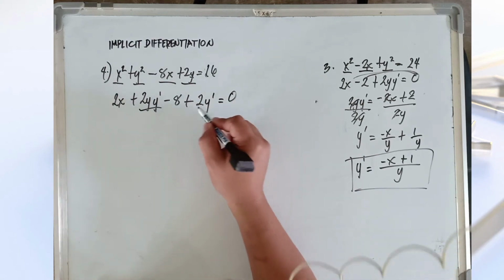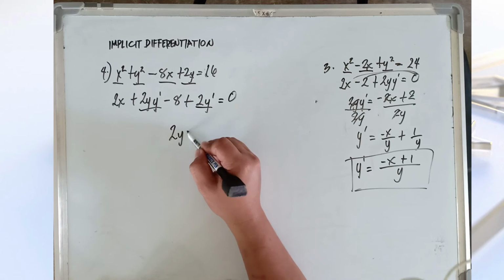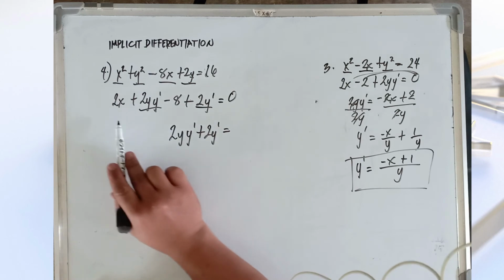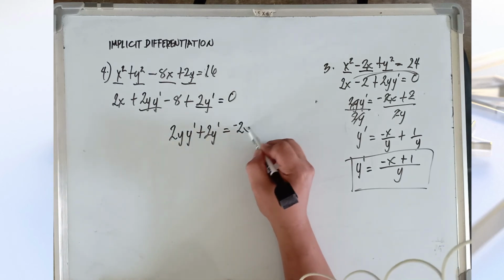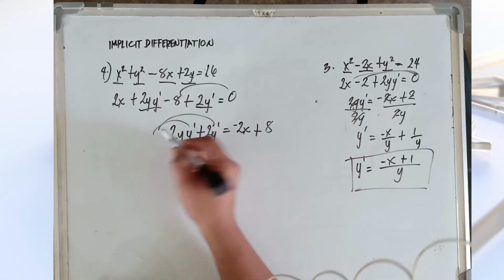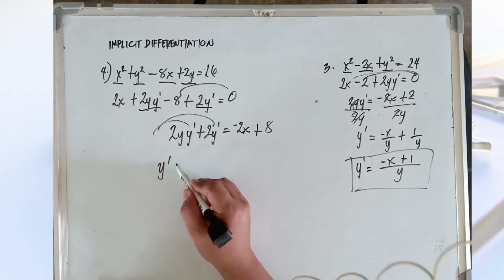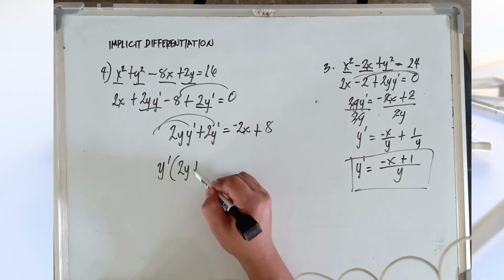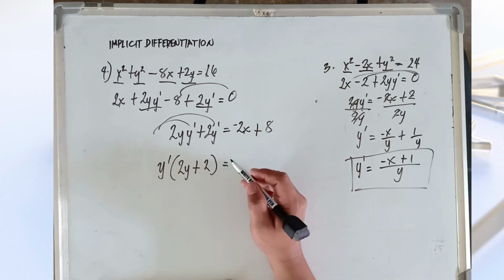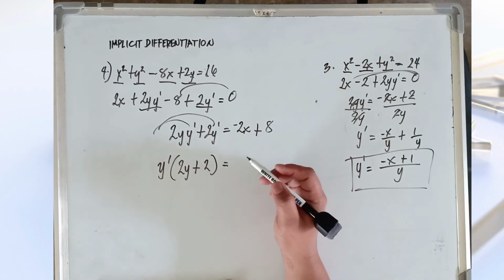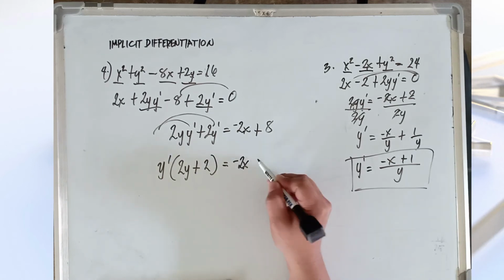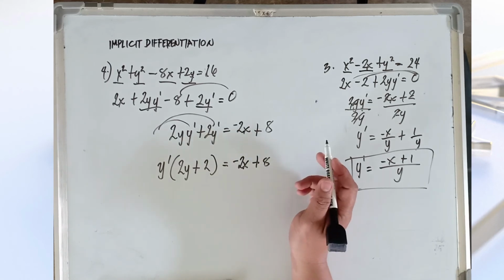So let's isolate these two. We have 2y, y prime plus 2y prime is equal to negative 2x plus 8. Now let's factor out our y prime. So we have y prime times 2y plus 2 is equal to negative 2x plus 8.